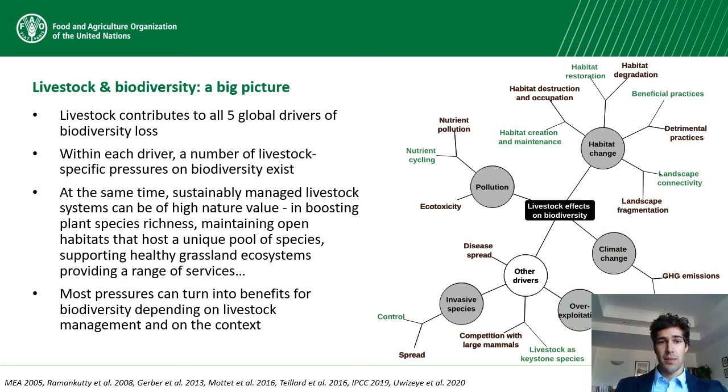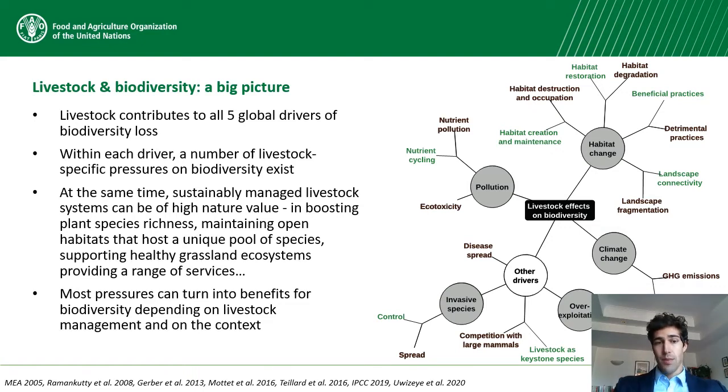When livestock systems are managed sustainably, probably more than any other sectors, agriculture or any other sectors, they can be of very high nature value. They can boost plant species richness in grassland, maintaining grassland habitats that are of high quality and that host a unique biodiversity, and contributing to the health of those grassland ecosystems and providing a range of ecosystem services.